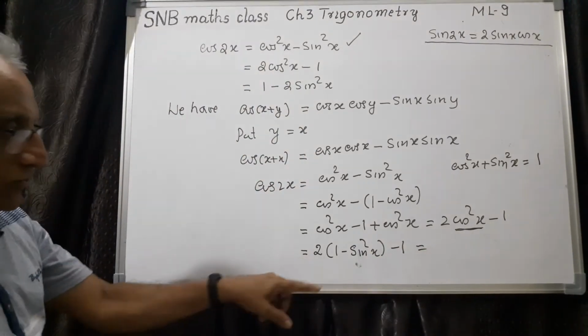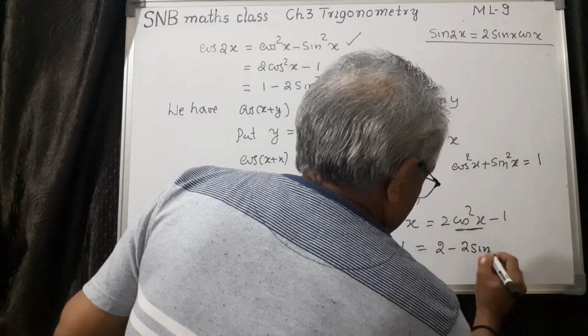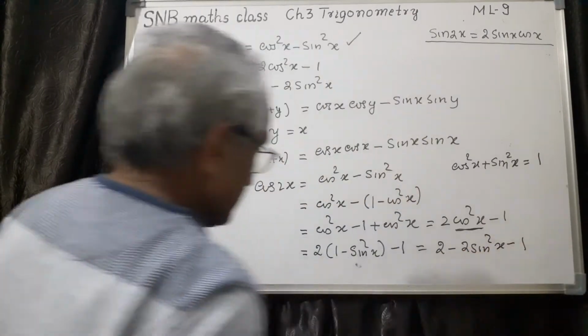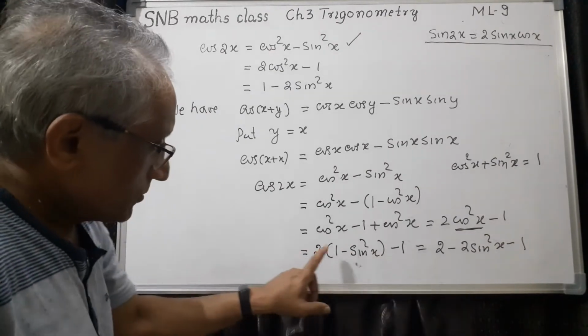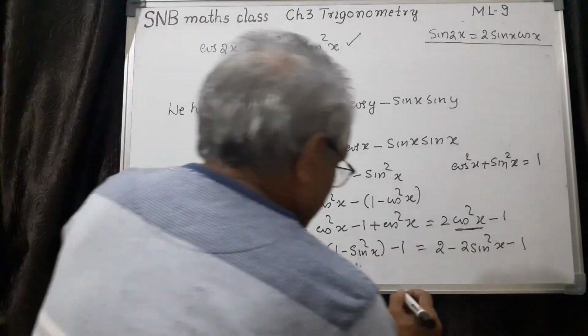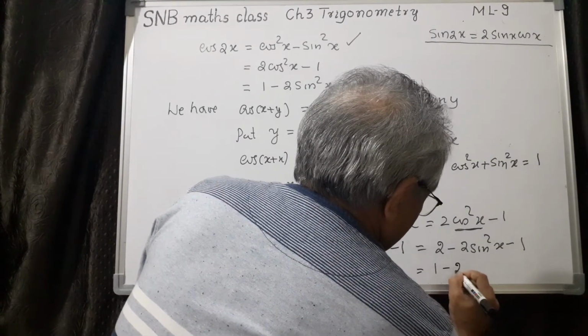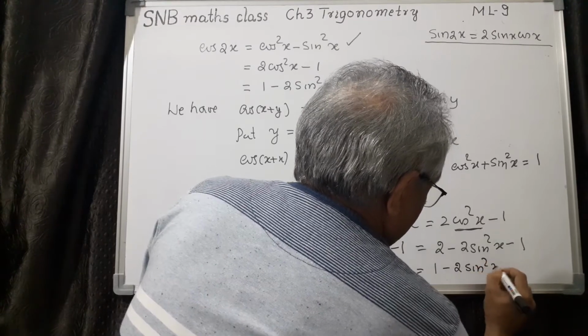Now remove the bracket: 2 into 1 is 2, 2 into minus sin square x is minus 2 sin square x, then minus 1. If you simplify, you get 1 minus 2 sin square x.